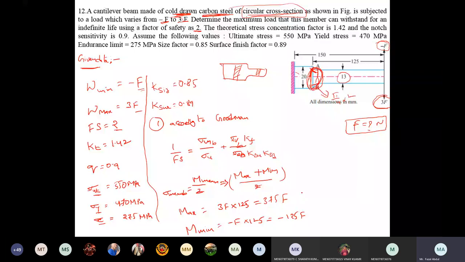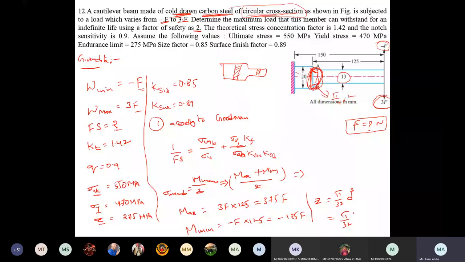Substitute these two here. Again, what is the section modulus? For a circular cross section, pi by 32 into D power 3, or power 4? D power 3. So pi by 32 into 13 cube.